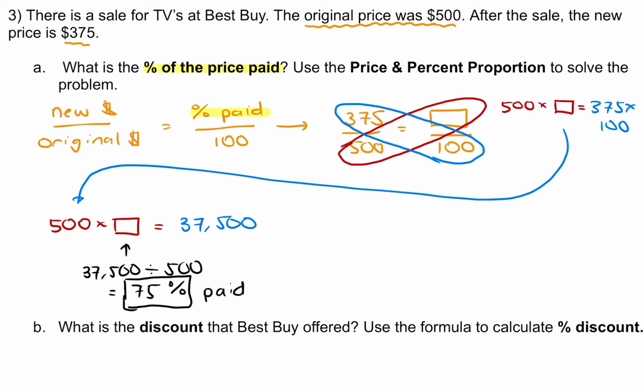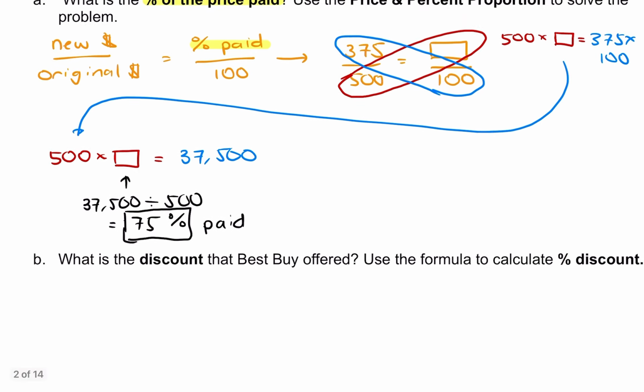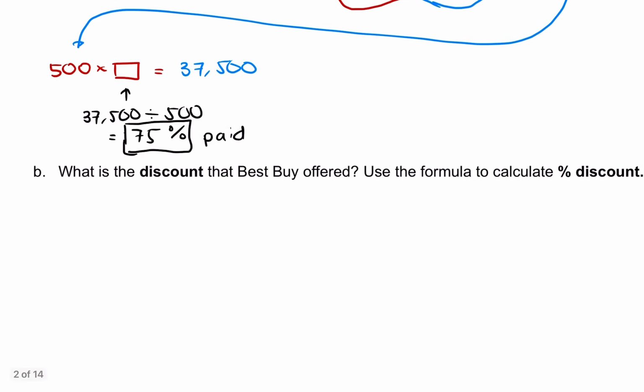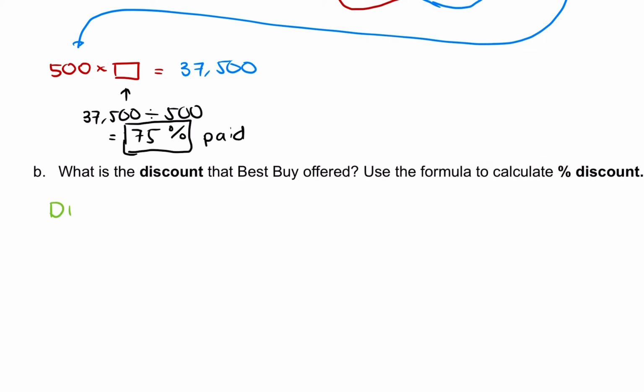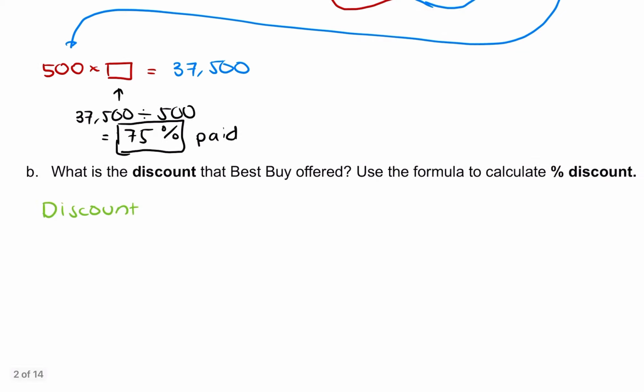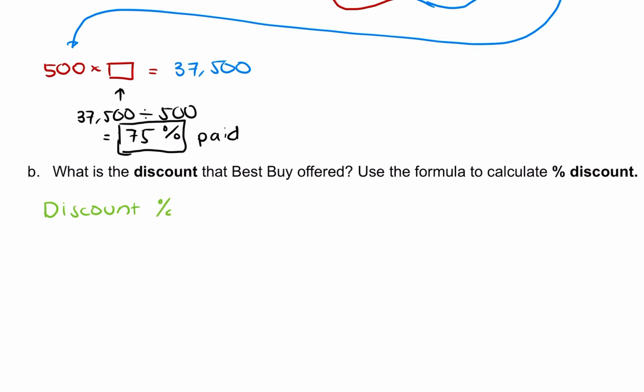So once we have this, we can now move on to phase 2. We can use this information to find out what the discount was. Earlier we had a formula for discount: the discount percent is equal to 100%, meaning the whole original price, minus the percent that you are actually going to pay after the discount, which is the percent paid.